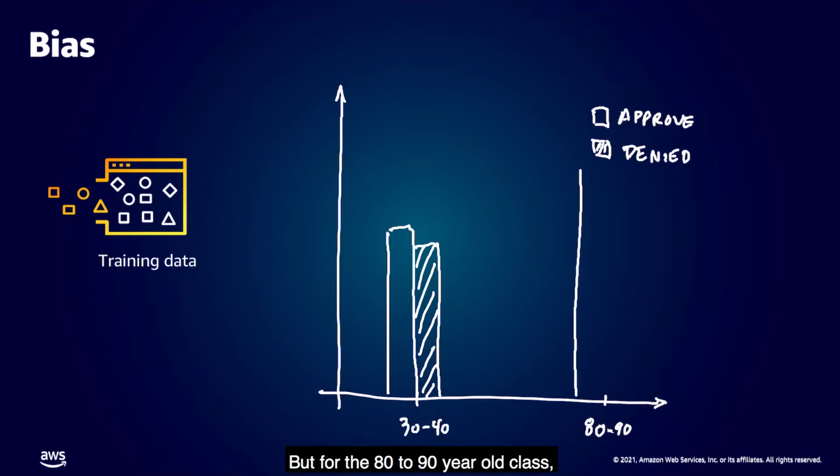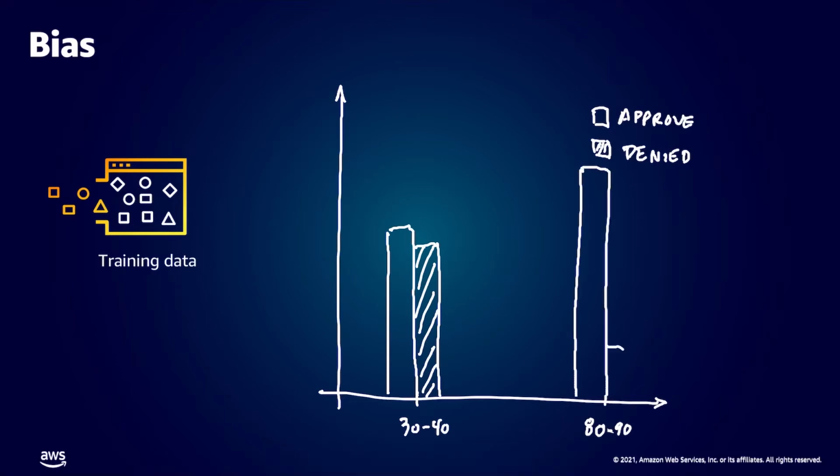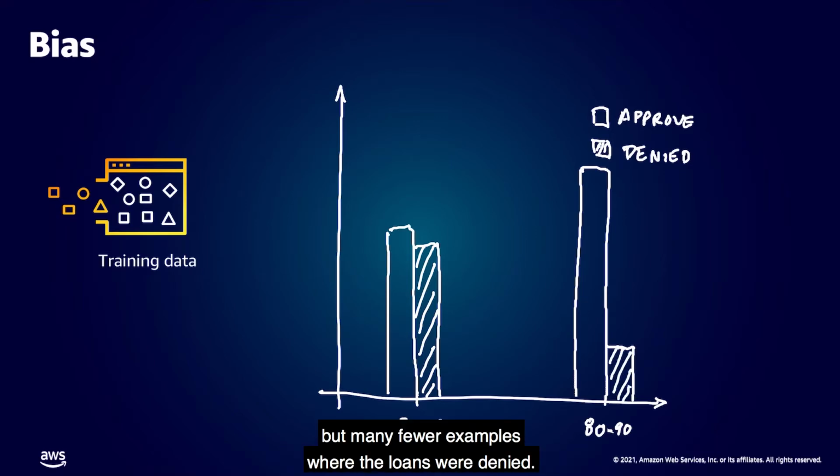But for the 80 to 90-year-old class, we see many more examples where the loans were approved, but many fewer examples where the loans were denied.